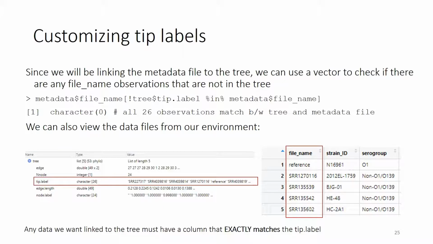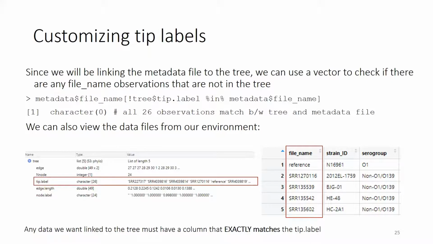And so we need a variable that will link between them. The tip label names shown here will need to link to the metadata file, and there is a variable called file name. And so this is what is going to link the tree with the metadata file. And we're going to want to instead call it strain ID. So this is going to be the linker.